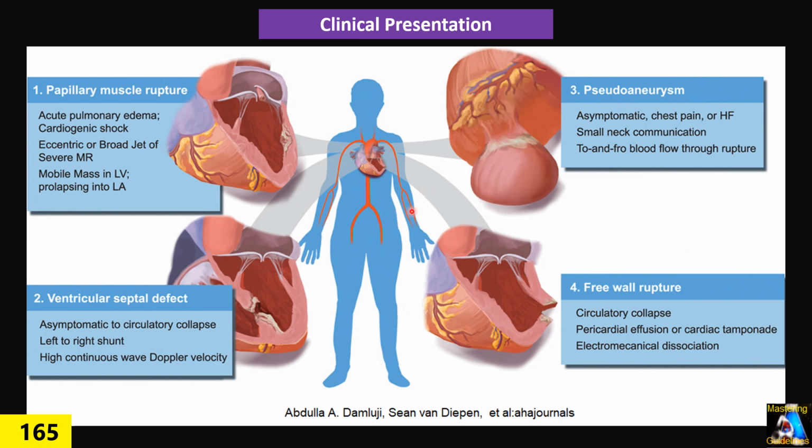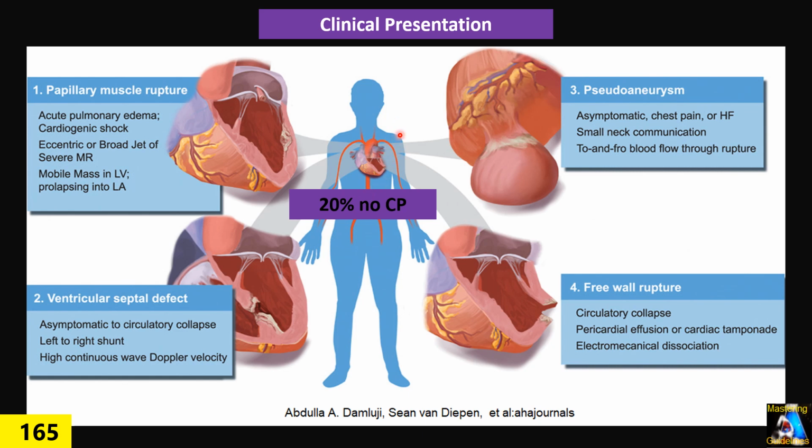So just remember, whenever a known MI patient, especially during the first week or first month, suddenly has a change in features or new symptoms, we always have to think about this complication. But remember that 20% of patients with ventricular septal rupture don't have chest pain.